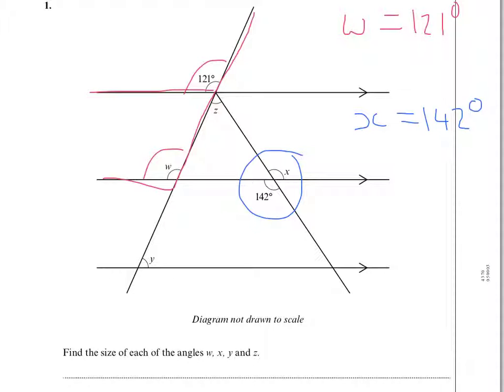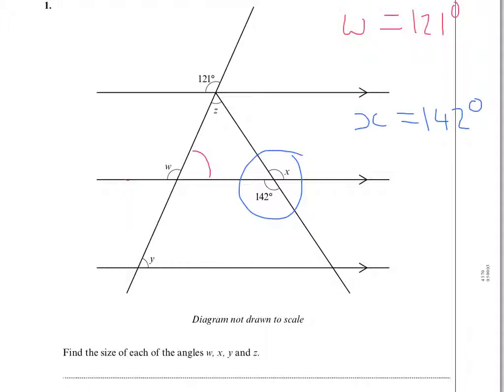For our angle Y, we may have to take two steps. So the first thing that we're going to do is look at our angle W here, and work out this angle that is remaining.